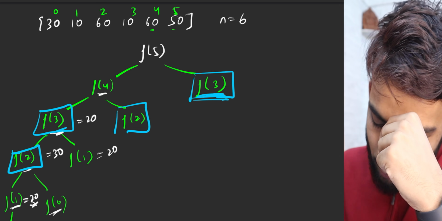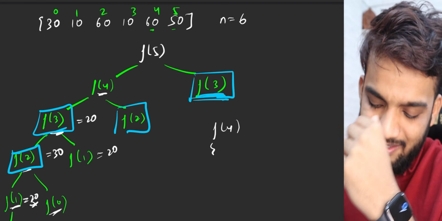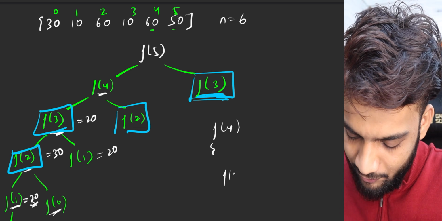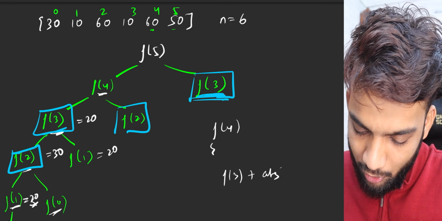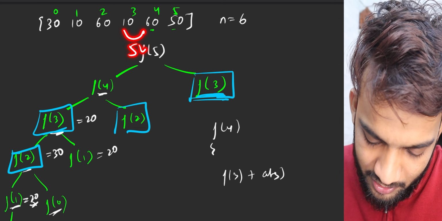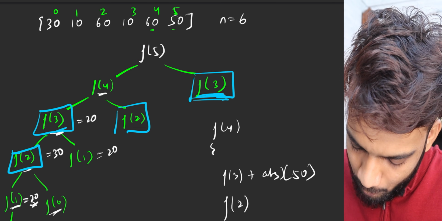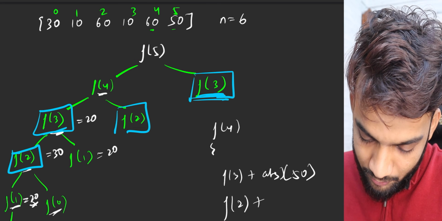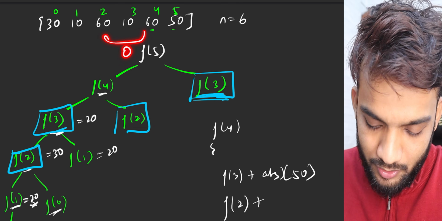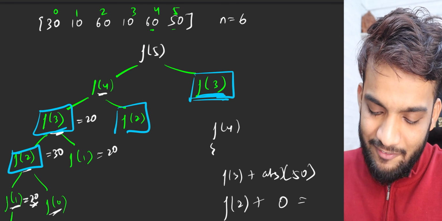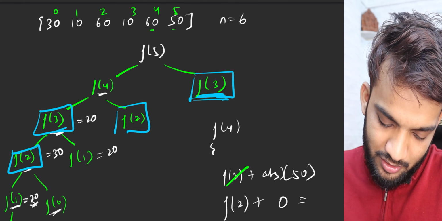Next, you're at f of 4. So if I'm at f of 4, what is it doing? It's again calling f of 3 plus the absolute of 3 to 4, which will be 50. And it's calling f of 2 plus 4 to 2, which will be 0. What's f of 3? 20.